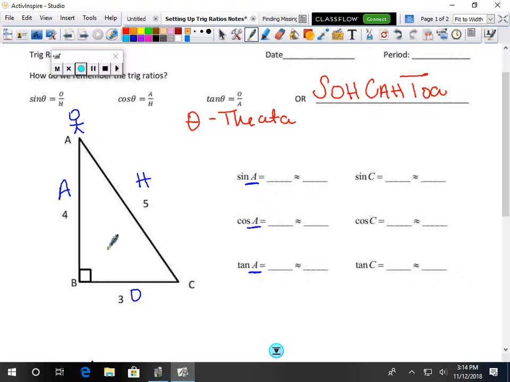Remember the hypotenuse is always across from the right angle. And then O and A move depending on where you draw your stick man, where you're starting from.